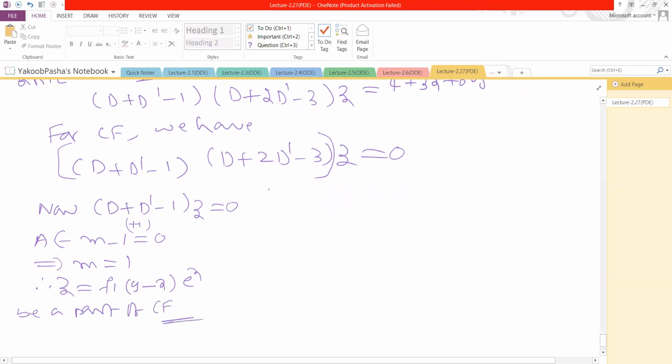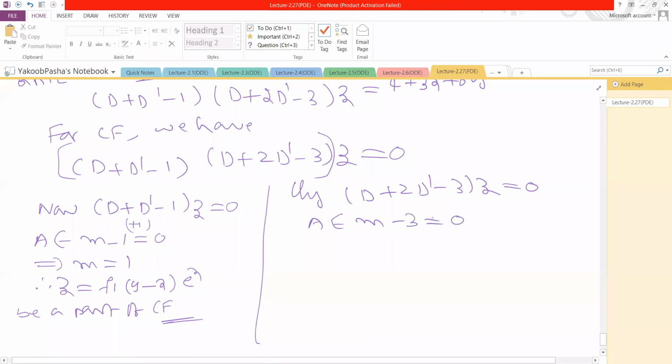Okay, now we go for another problem. Please listen carefully. And D plus 2D dash minus 3 of z is equal to 0. In this case, take the auxiliary equation, just replace D by m and avoid D dash.